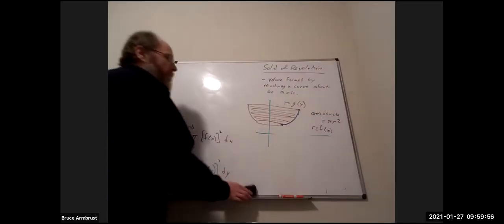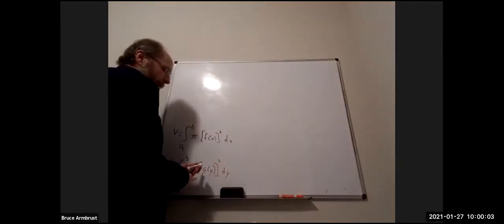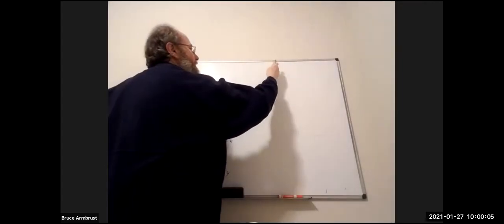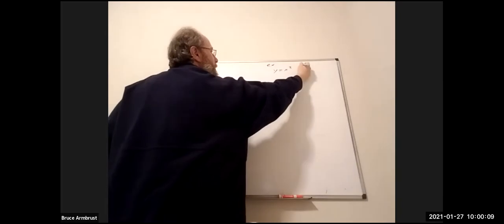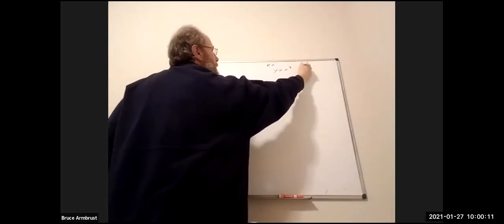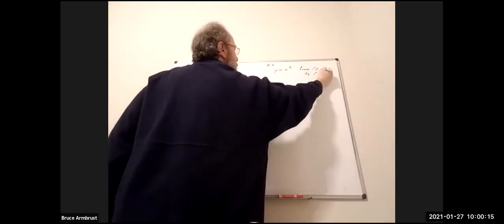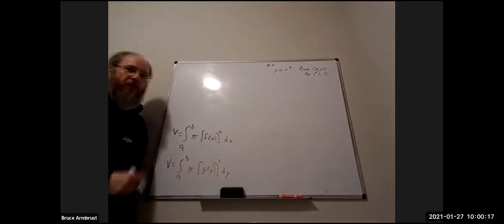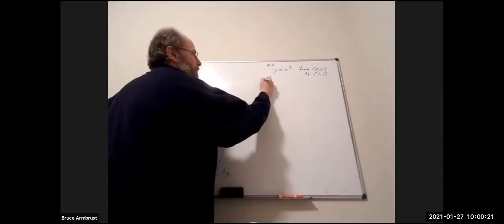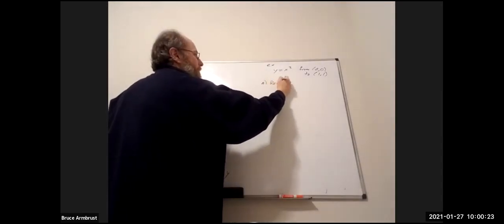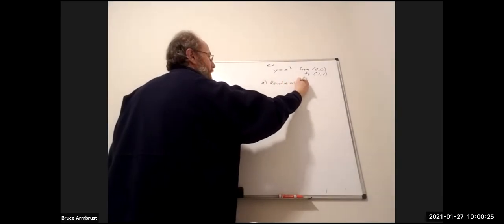All right, so let's go nice and easy. Let's take y equals x squared. We like that one. And we're going to go from the point 0, 0 to 1, 1. Okay, so we're just going to look at that portion of it. And we're going to revolve it about the x-axis.